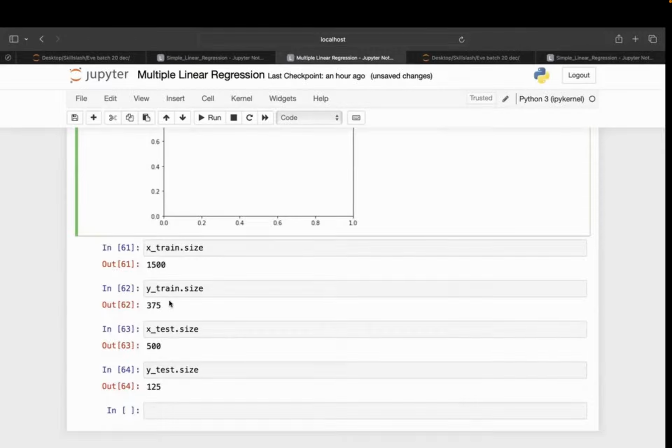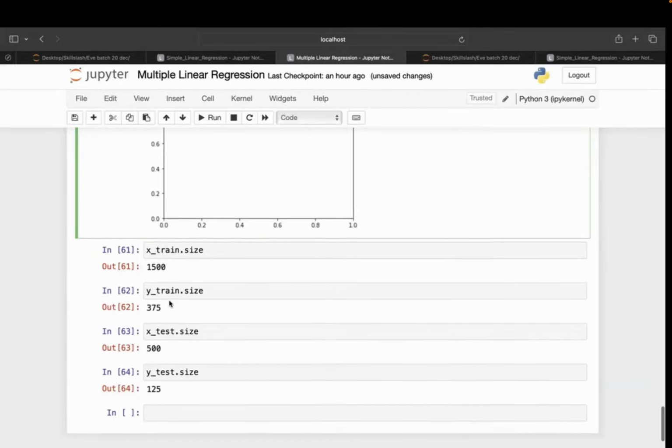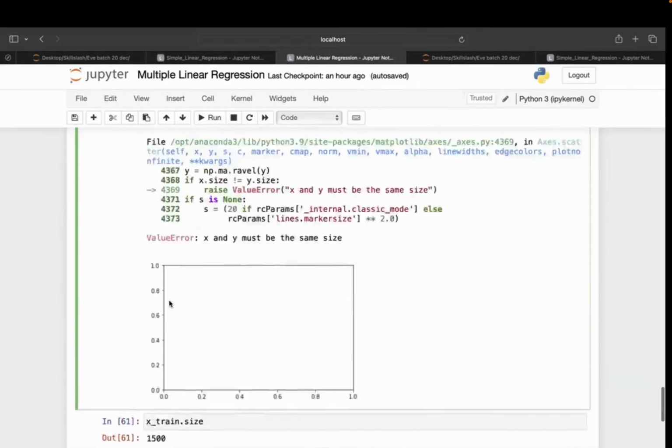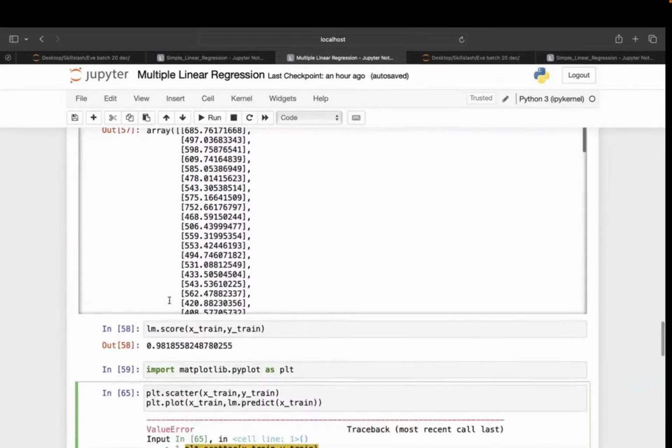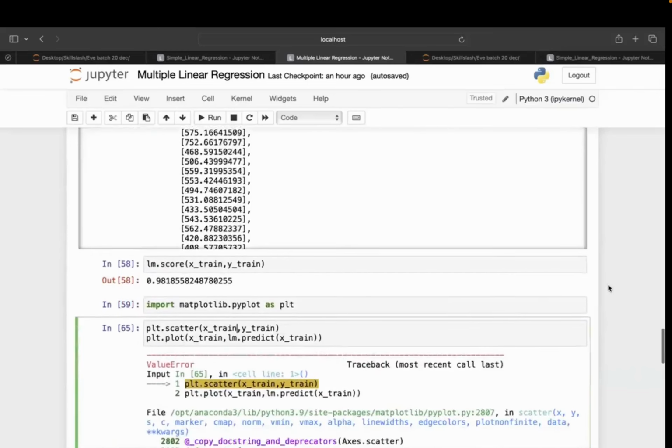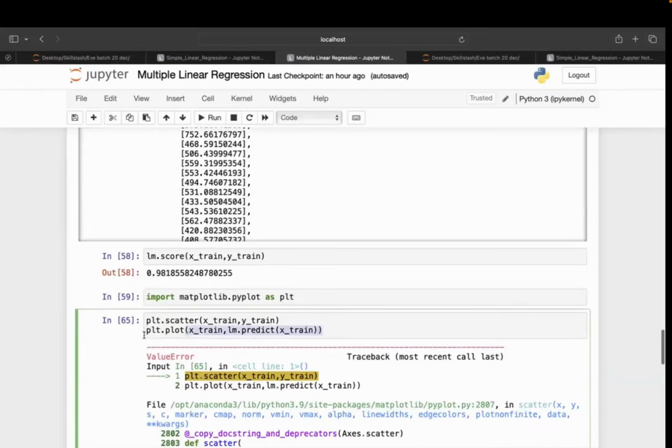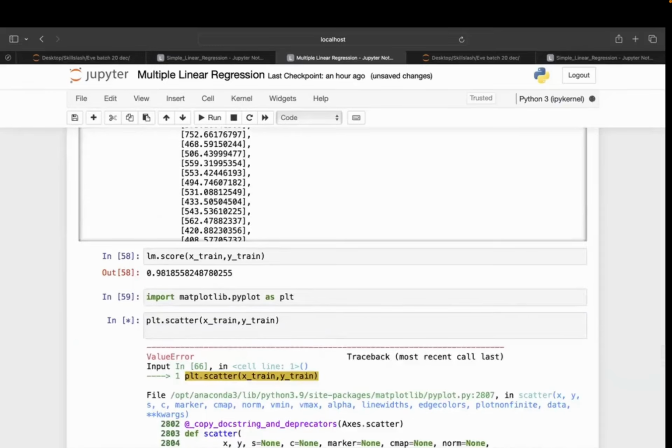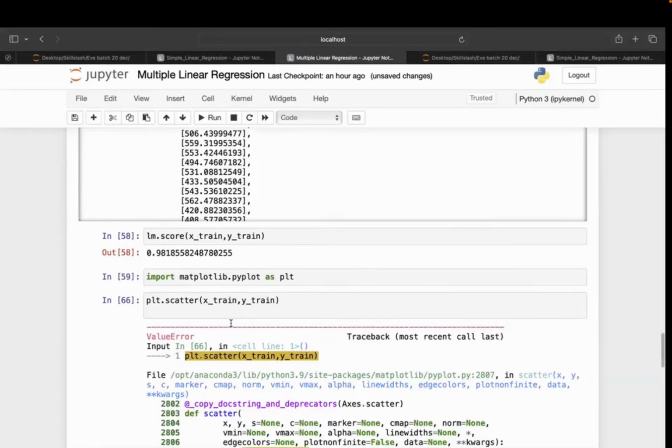It should be the same rows, right? Same set of rows. Hmm. Wait a minute. Let's just plot the scatter one. The scatter one is also not getting plotted. That's the issue. Let's see.